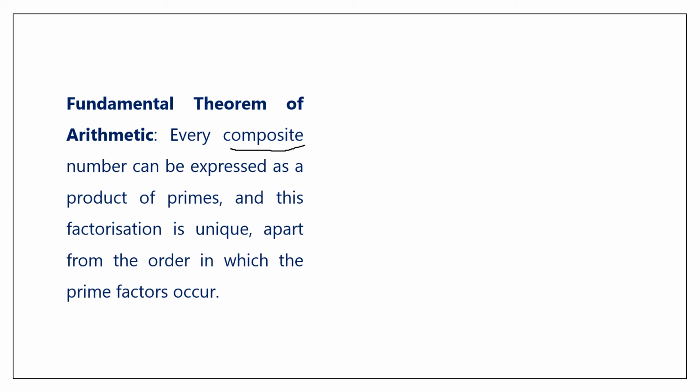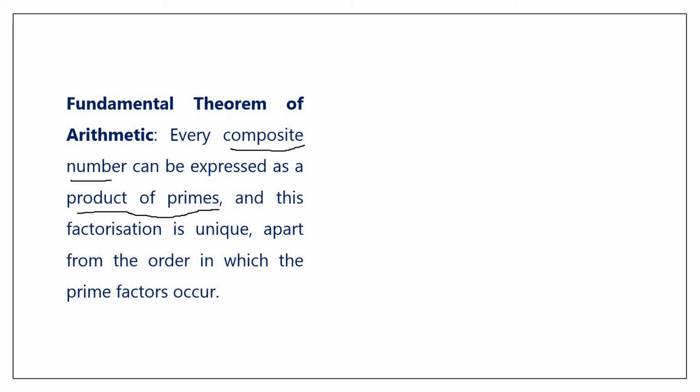All the composite numbers from 1 to 40, we can write as products of primes. In this way we can write any composite number as a product of primes. Now the other thing is, this factorization is unique apart from the order in which the prime factors occur.